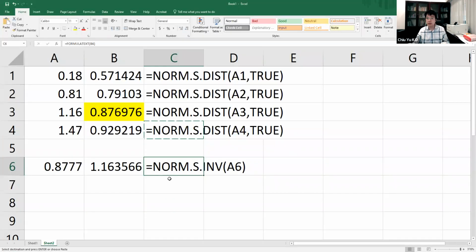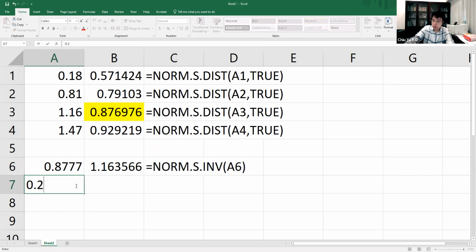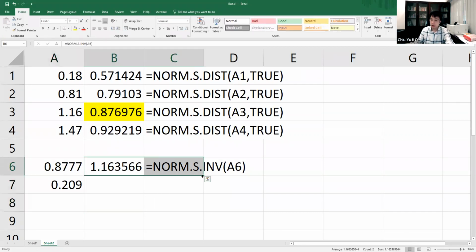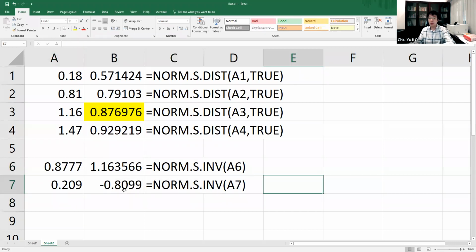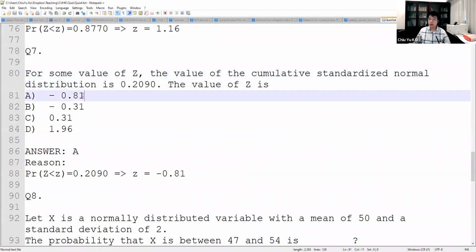We will do the NORM.S.INV, 0.2090, and just double click this one. It's negative 0.80, and see the answer is A.